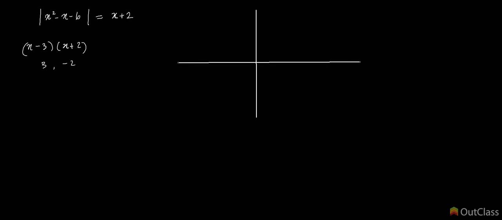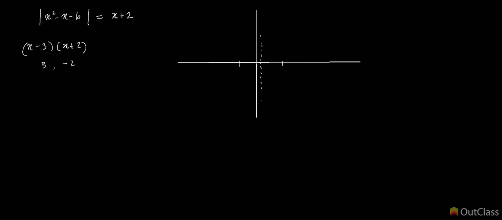So first we need to see what the roots are. It is basically x minus 3 into x plus 2. So the roots of the quadratic are going to be 3 and minus 2. So we have roots at minus 2 and 3, and we know the axis of symmetry is going to be halfway between these two roots, so it's going to be at half.